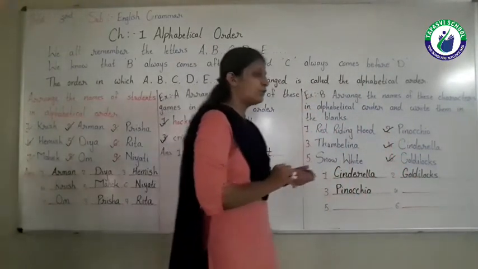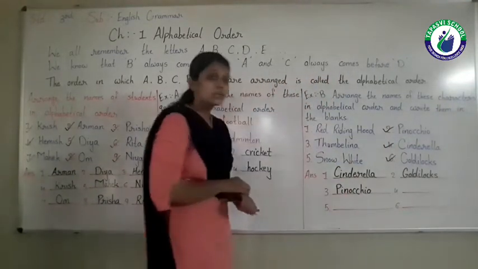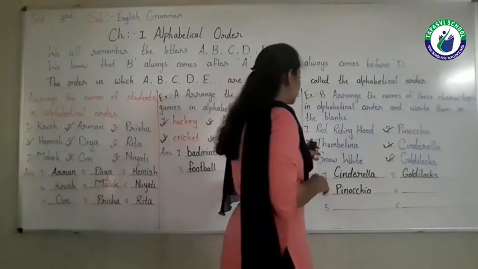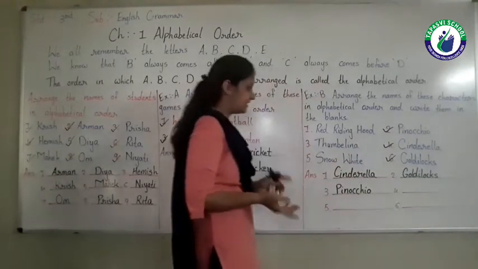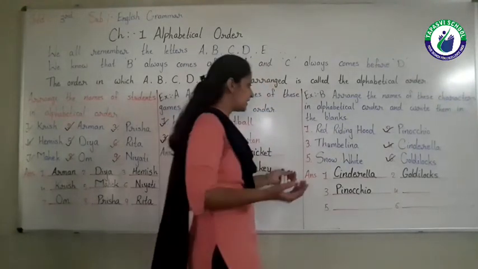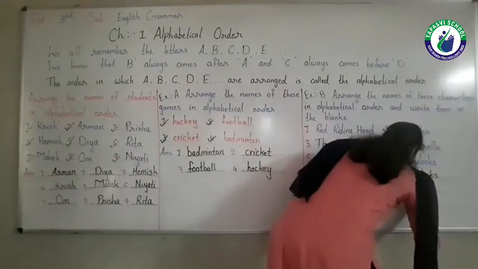Now you all know very well. P after Q. It is not given. Q after R. Yes, Red Riding Hood. That we will write in number 4. Red Riding Hood.